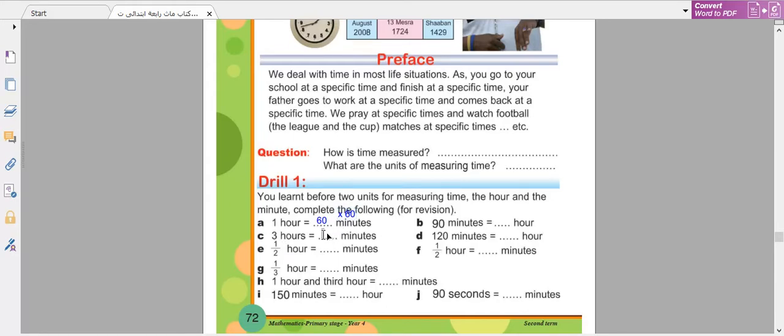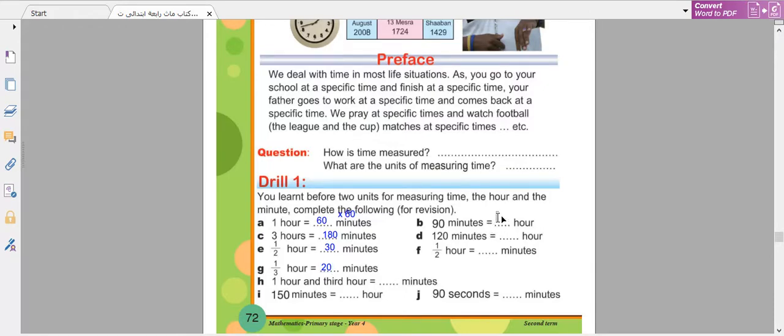Equal 180. Half hour equals 30 minutes. Third hour equals 20 minutes.